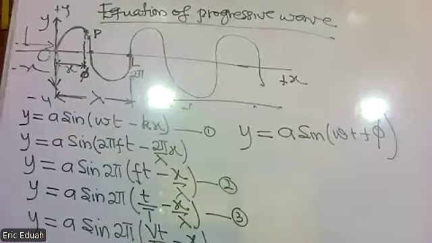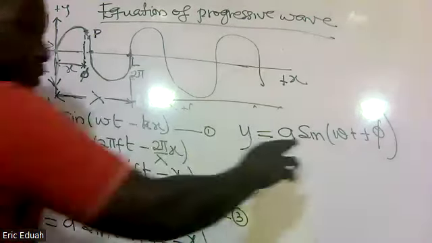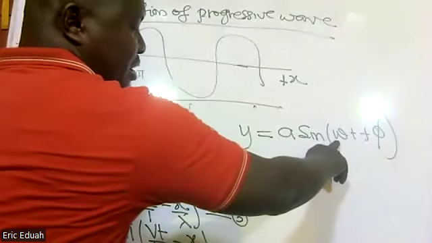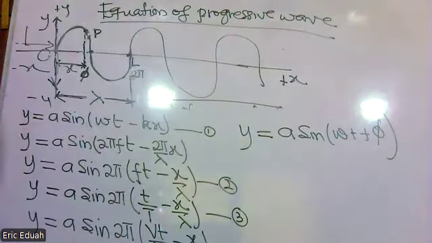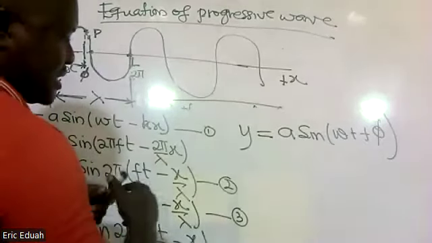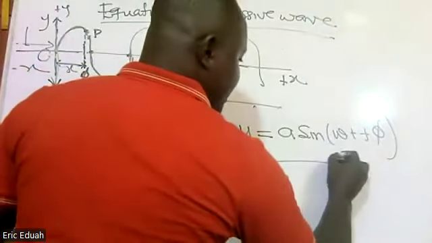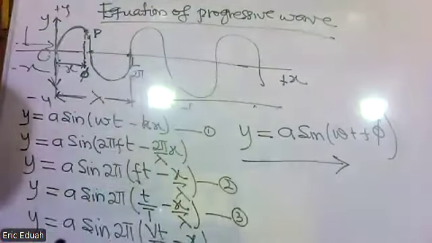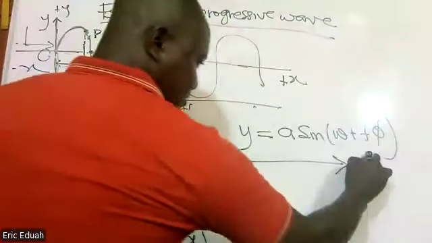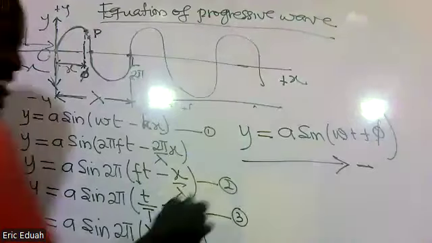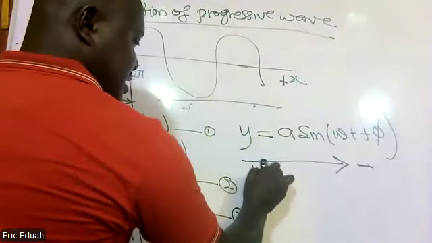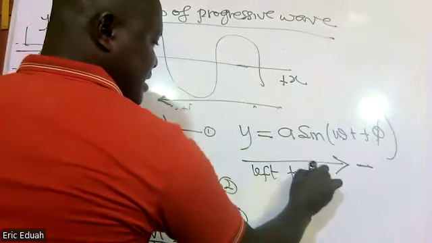So if you see a positive between the first angle at O and then the angle of the particle P, then it means the wave is moving from right to left. A negative separating the two means that it is from left to right.